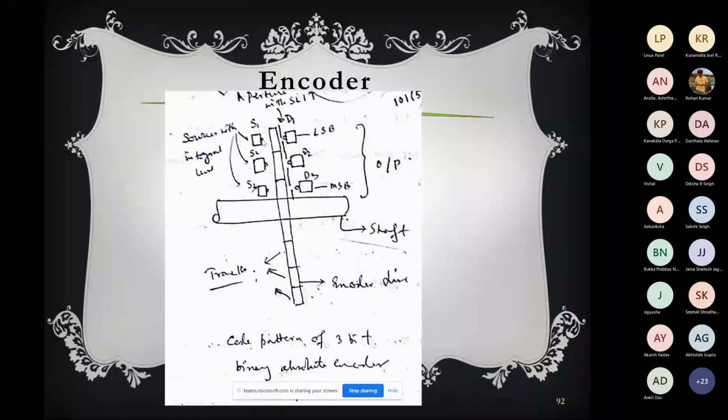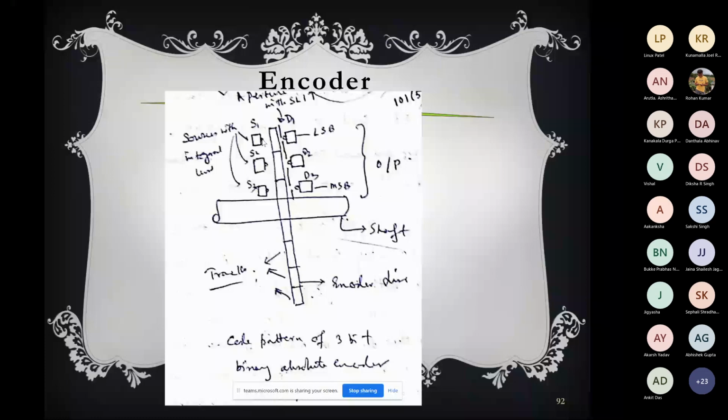As a detector, a photodiode can be used. Now, when some portion of the disk lies between the source and the detector, and it is transparent, then the light will go through the disk and reach the detector, and the detector will produce the electrical output.